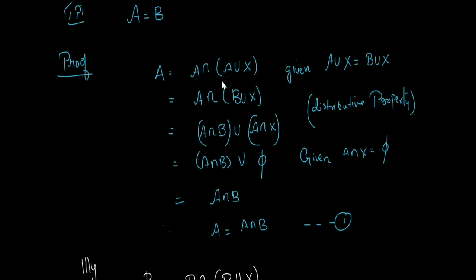You know that when you take the intersection of two sets, the small set will be the intersection. When you have a subset and a superset, when you take the intersection, the answer will be the subset.